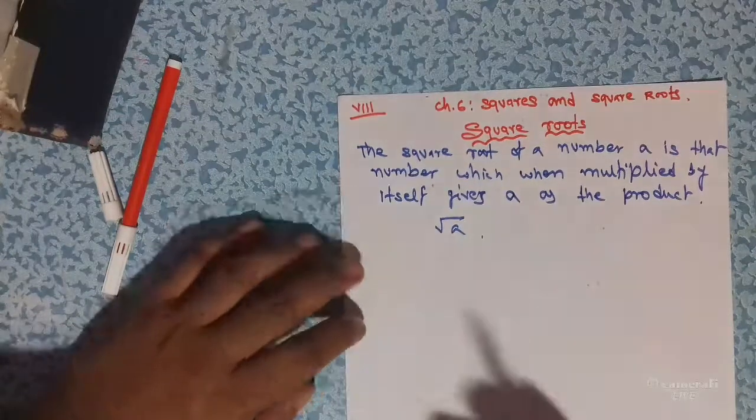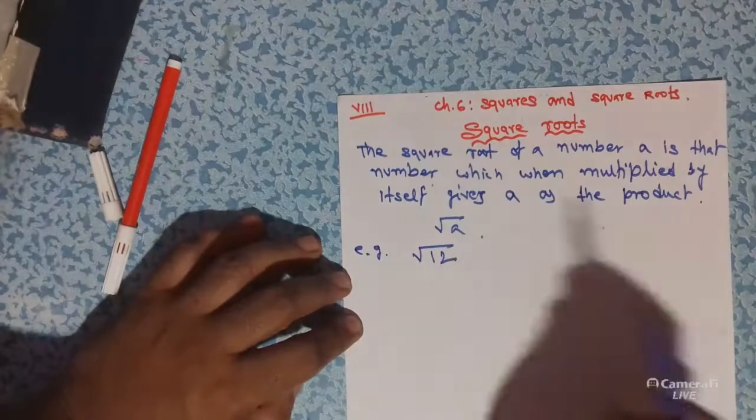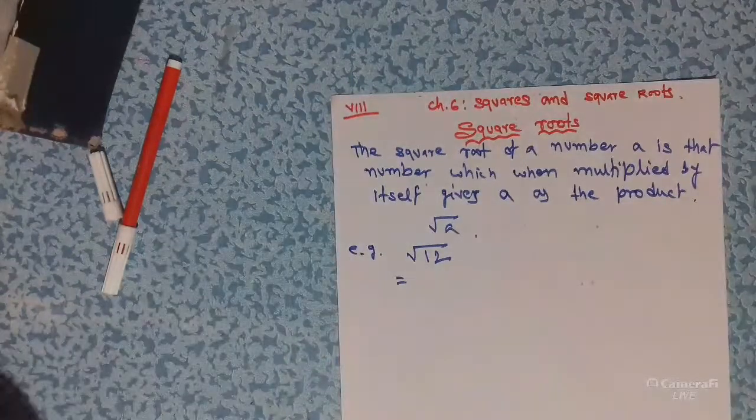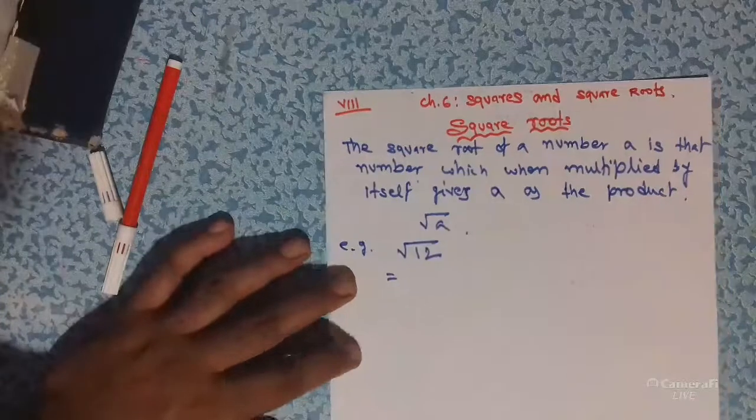Okay, as for example, if we find root over 12, then what will you do? So at first, I must solve it using the factorization method. Okay, so there are some methods: one is the factorization method and another one is the long division method. So I will discuss the prime factorization method first.